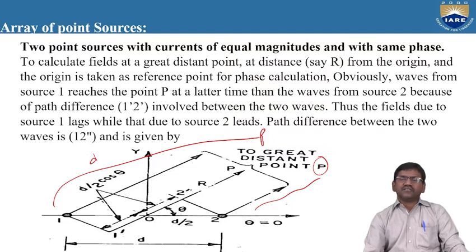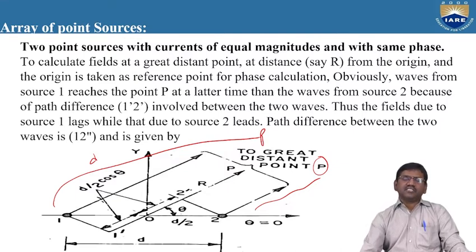Due to this difference in distance, we can clearly observe that the field strength produced by point source 2 will reach the point P in a smaller amount of time than the field strength produced by point source 1. So we can say that the electromagnetic rays from source 1 reach the point P at a later time than the waves from source 2 because of the path difference.